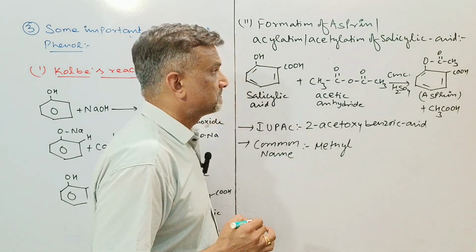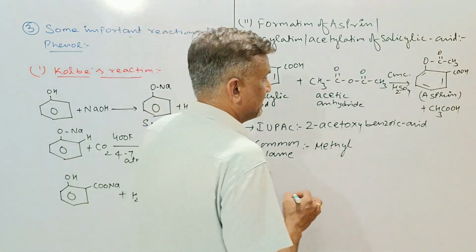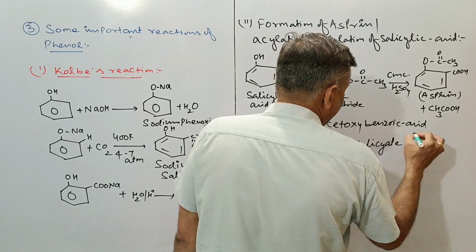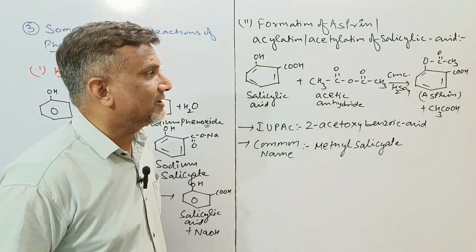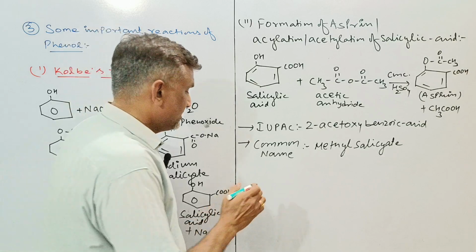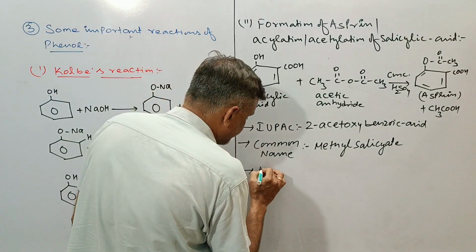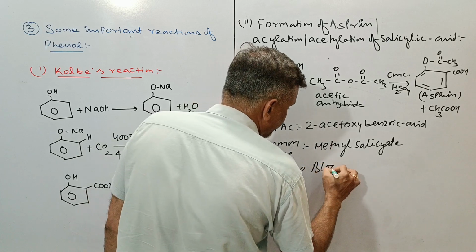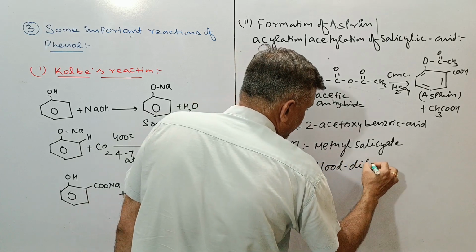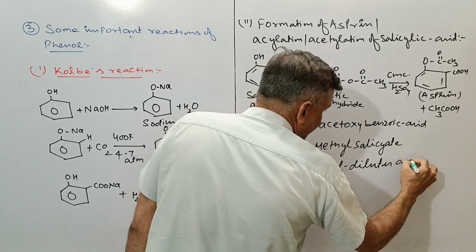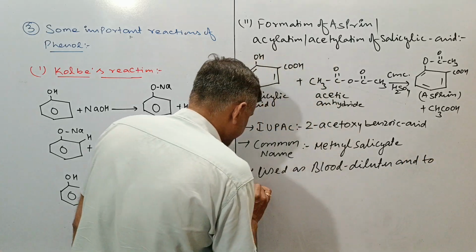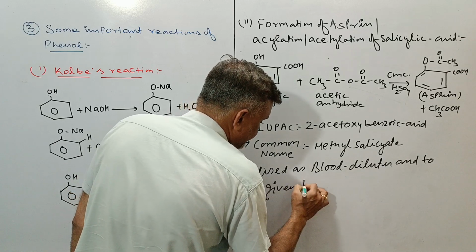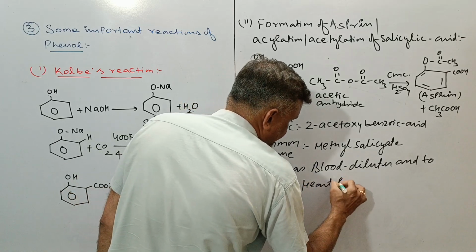Methyl salicylate is also called aspirin. It is used as a blood thinner and is given to heart patients.